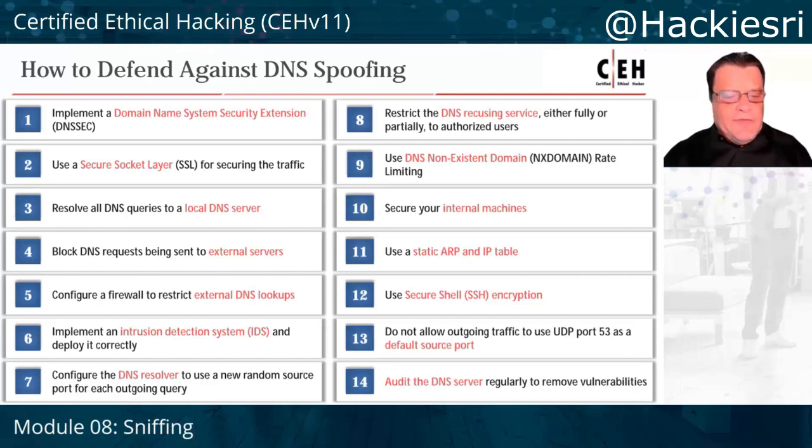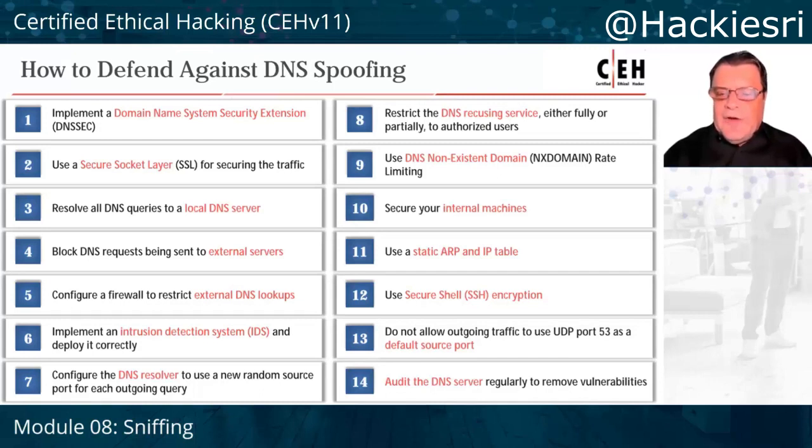This one is especially useful. Again, you can configure the DNS resolver to use a new random source port for each outgoing query. Very useful. Or you can restrict the DNS recursing service either fully or partially to authorized users only. You can use DNS non-existent domain rate limiting. You can secure your internal machines.